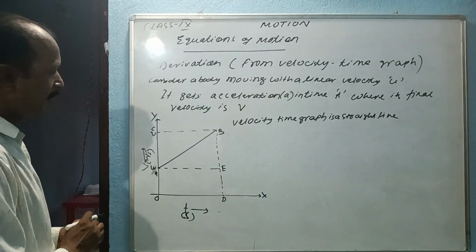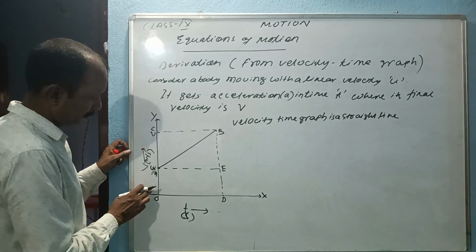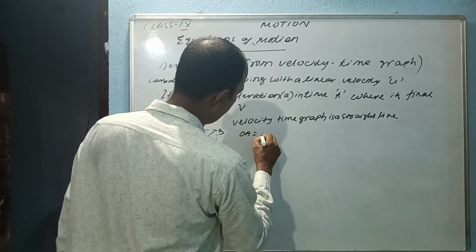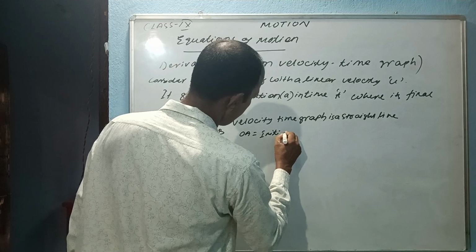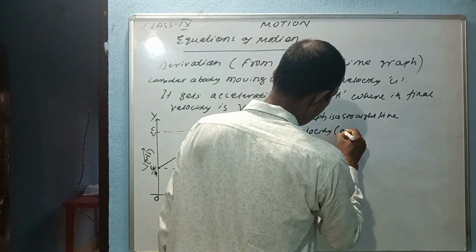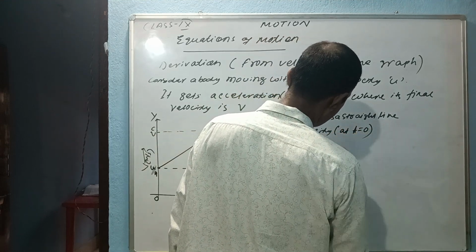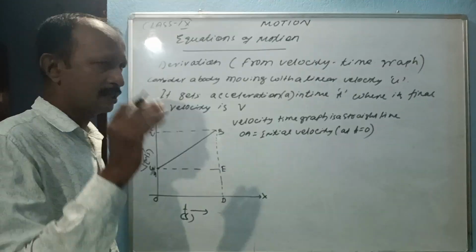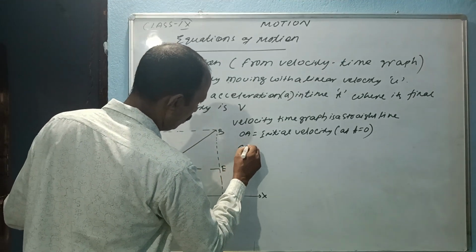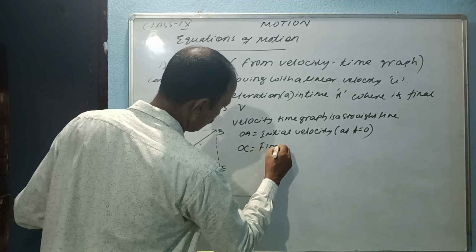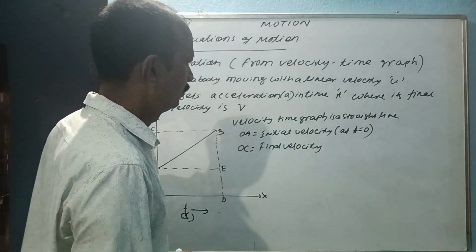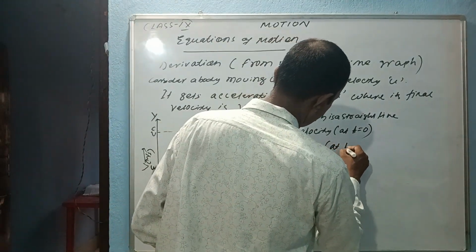See here. Now OA represents initial velocity. I can say that OA equals initial velocity, that means at t equal to 0. Clear? OA is the initial velocity at t equal to 0. What about OC? OC equals final velocity at t.